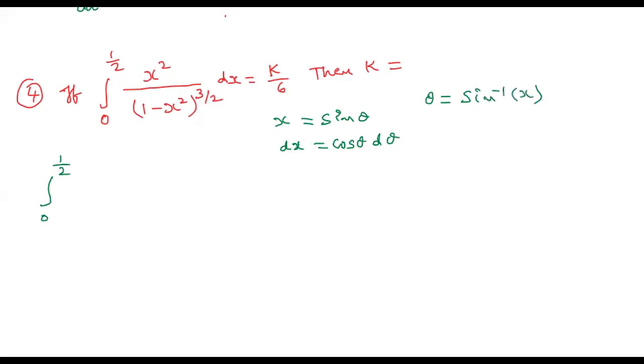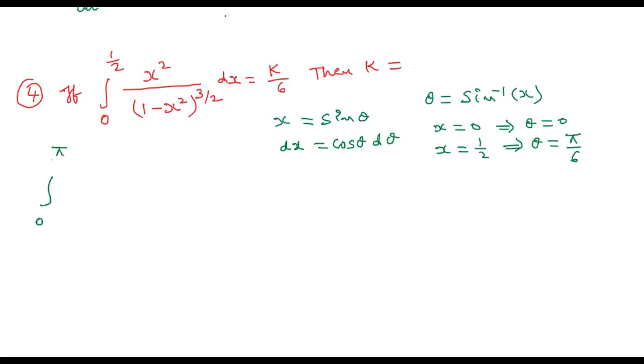So x is equal to 0 means theta is also 0 only. Now x is equal to 1 by 2 means sine inverse of 1 by 2, that is pi by 6. So here the limit is 0 to pi by 6.